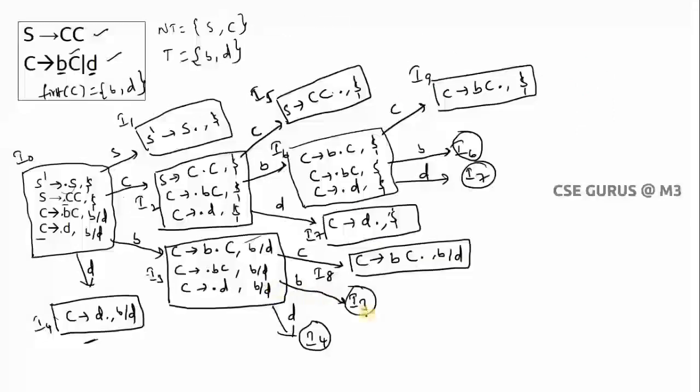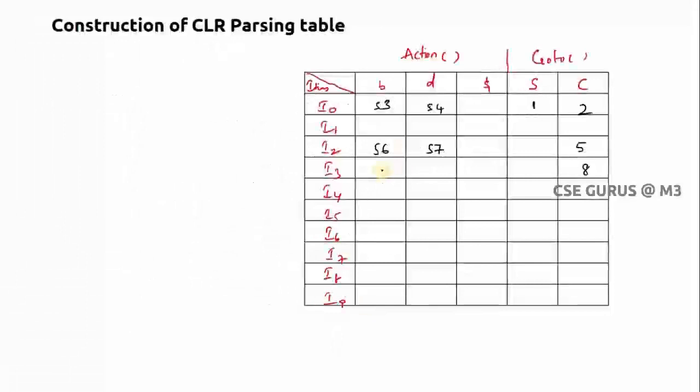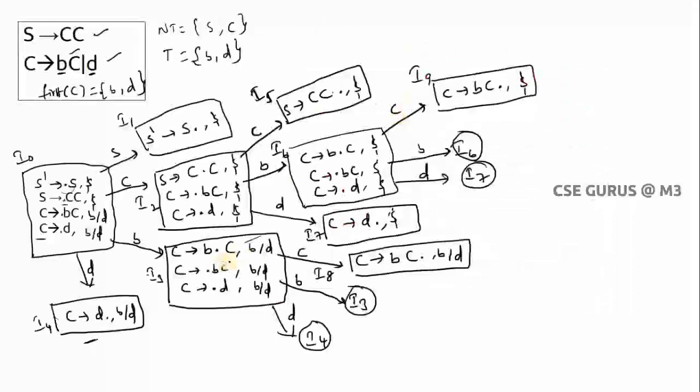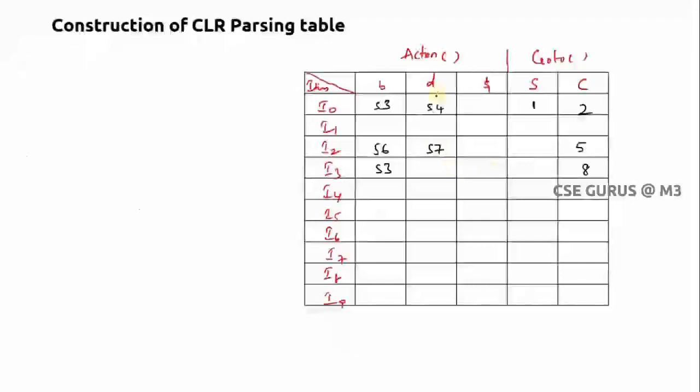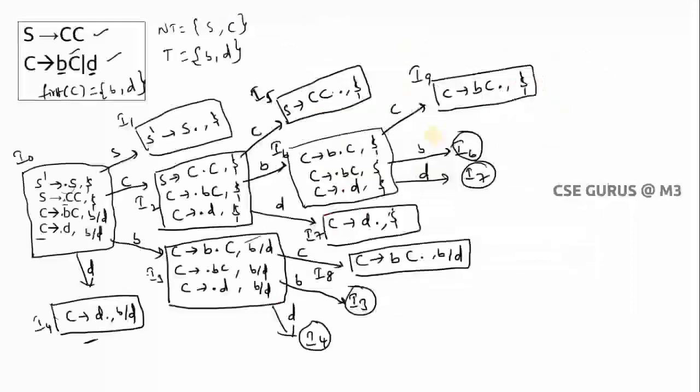Next I3 to B, again I3 only, that is S3. Next I3 to D, going to I4. 4 means, which is a shift, S4. I3 is also over. Next I4, is there any symbol scanned?